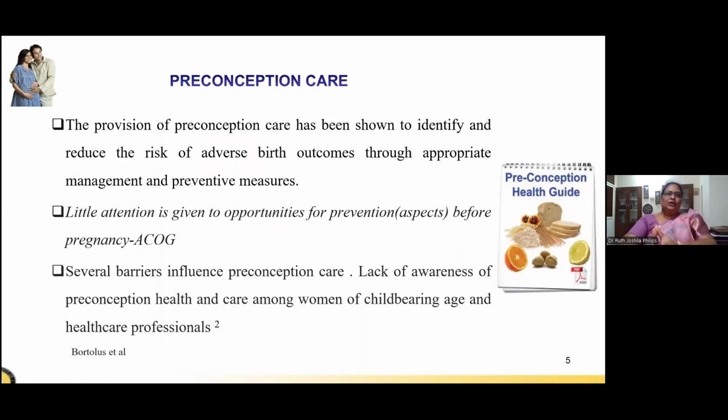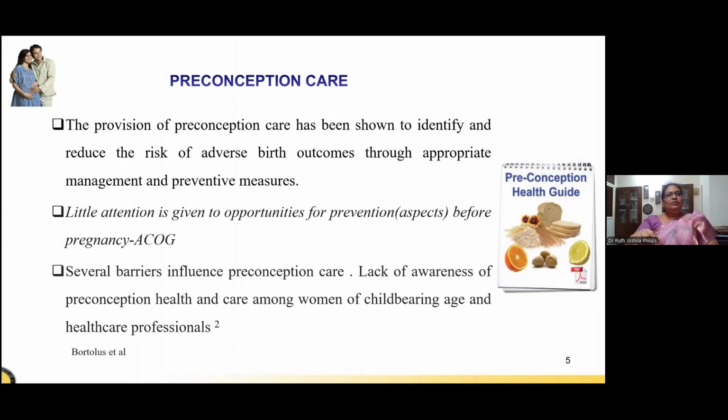The American College of Obstetricians and Gynecologists, when speaking about preconception care, say that a lot of importance is given to the antenatal period, because we fill the mother with a lot of information as to what to do, what not to do, what to eat, and all these instructions are given in the antenatal period.